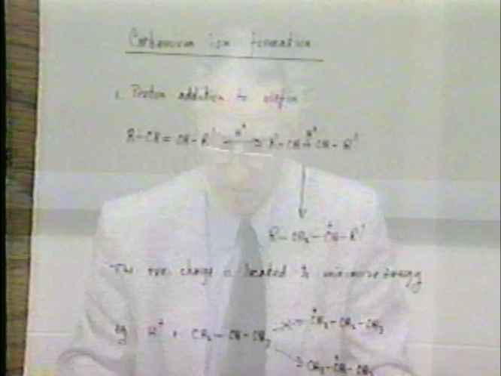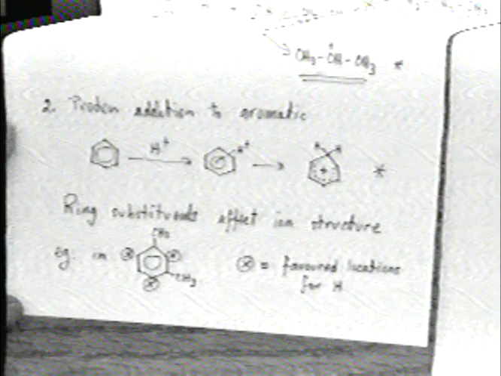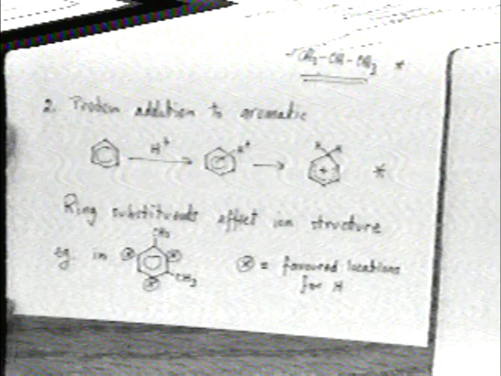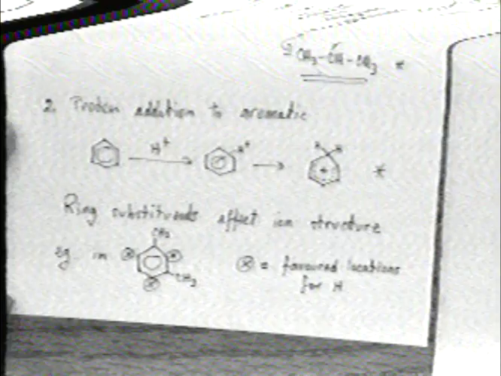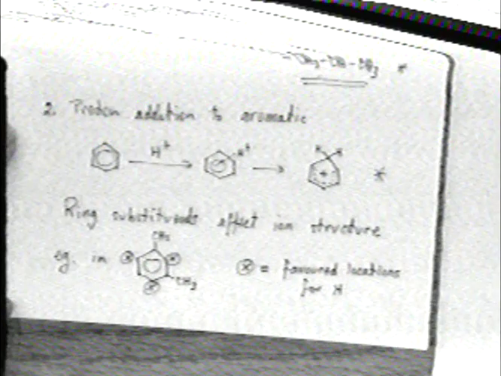Within alkyls, the main energy difference lies between primary, secondary and tertiary ions, and here are some examples, again relative to this arbitrary zero. It depends on whether you have hydrogens or carbons attached to the carbon atom that's supposed to be carrying the positive charge, and you see that the stability of the ion increases in that direction where you go from a primary ion to a tertiary ion.